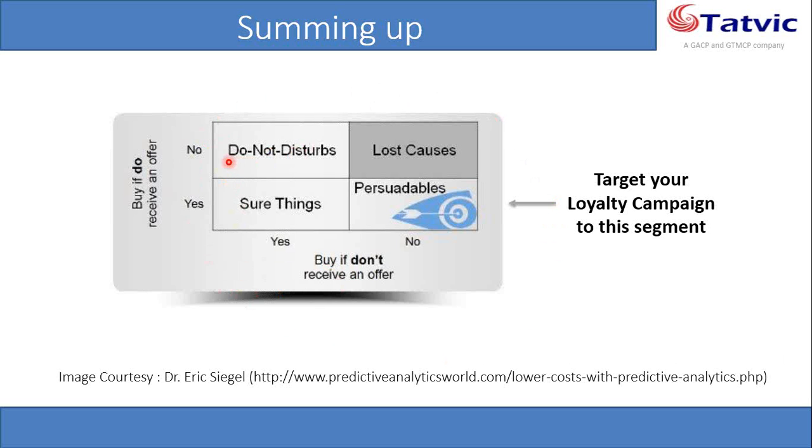So we are not focusing on both these segments of customers for the present moment. What happens is we saw two classes, sure things, and we saw the persuadables. The sure things were those customers who would have bought irrespective of a discount, while the persuadables are the ones who had to be targeted, and they would be influenced with a discount coupon.